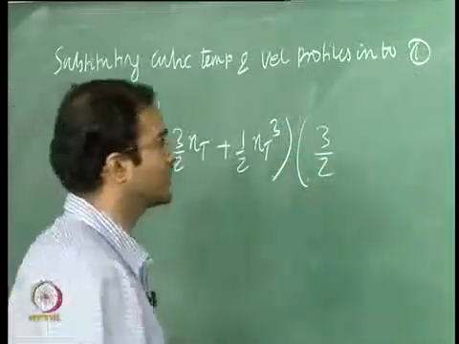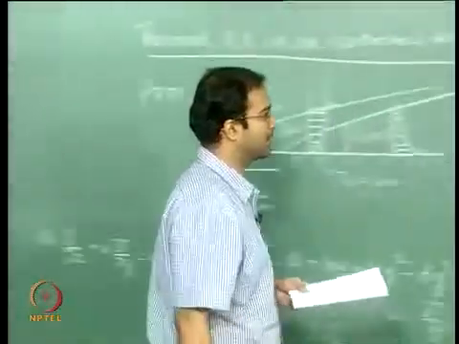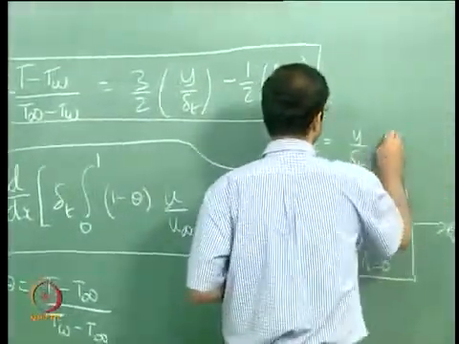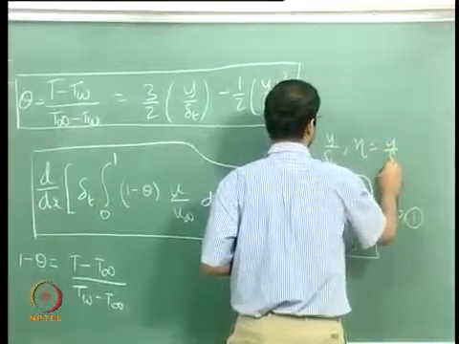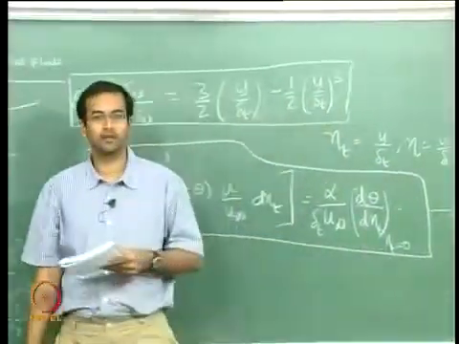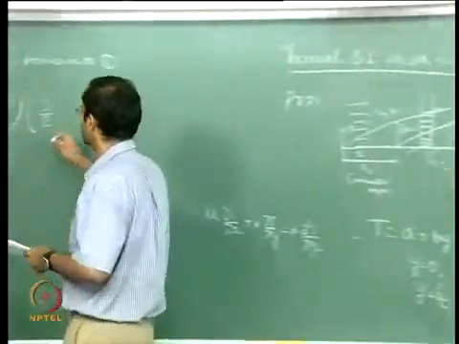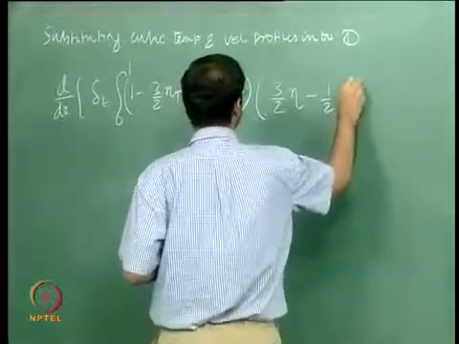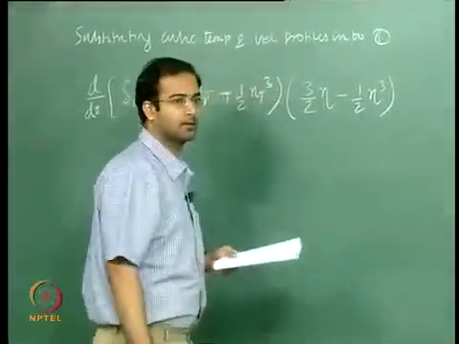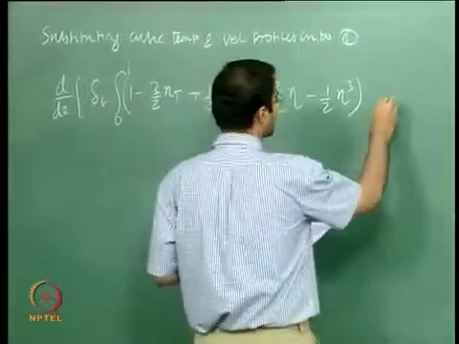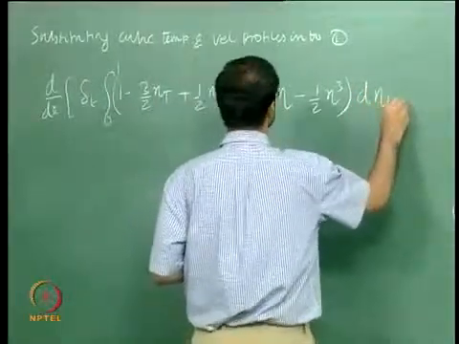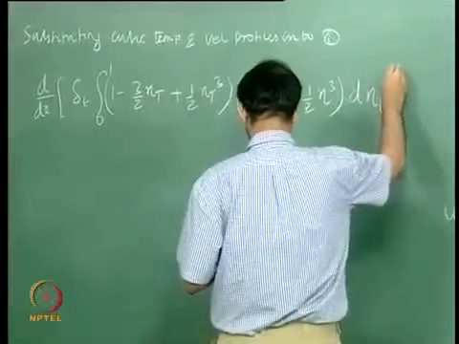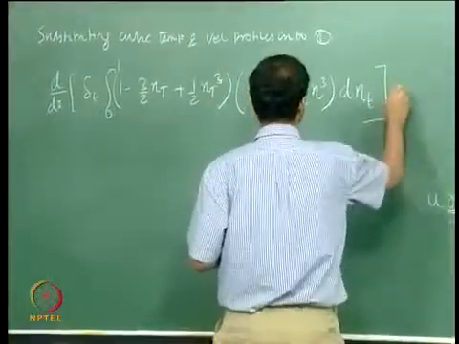Let me also define, the same way I defined eta t, eta equal to y by delta. Okay, so my velocity profile can be written as 3 by 2 eta minus 1 by 2 eta cube, into d eta t, so this is integrated over d eta t. So this is my left hand side.